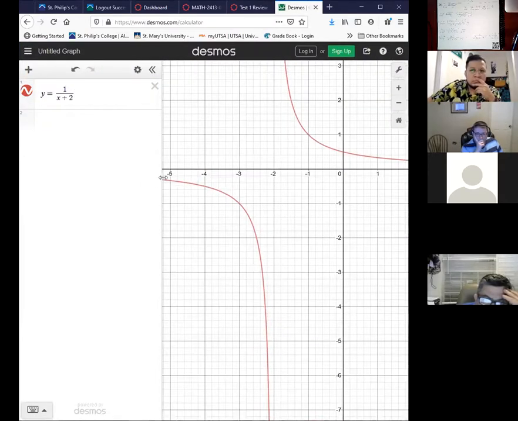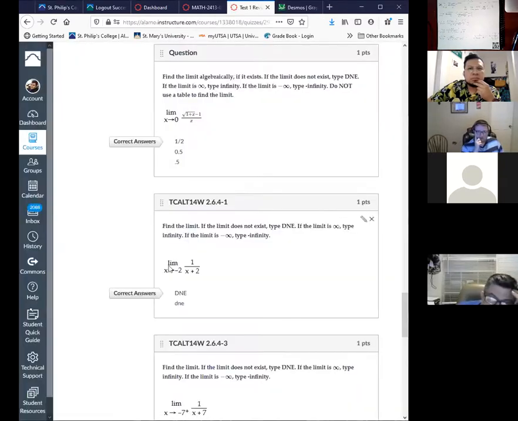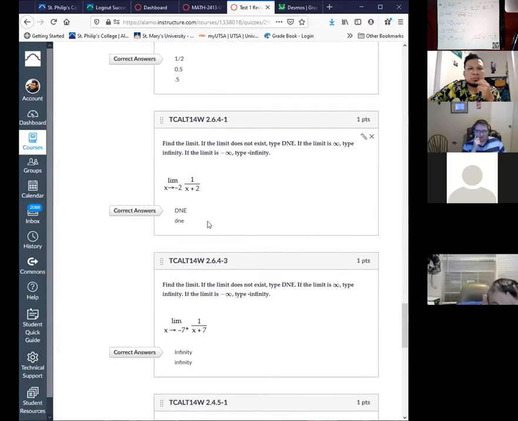From the negative side, it shoots out to negative infinity. From the positive side, it shoots out to positive infinity. So yes, does not exist. Basically say -2 is an asymptote. I would just say since the limits from the left and right are not equal, the limit does not exist.